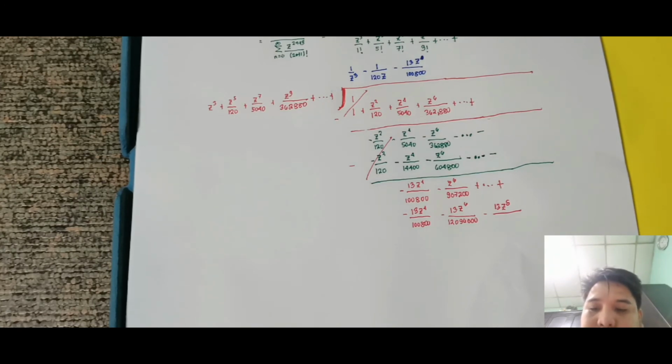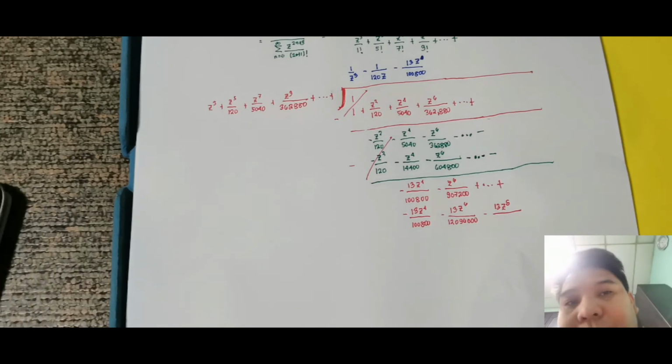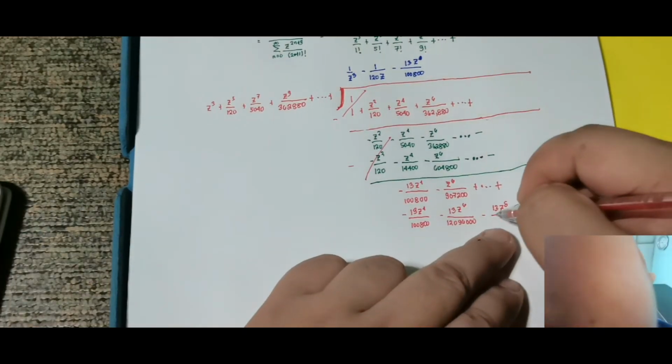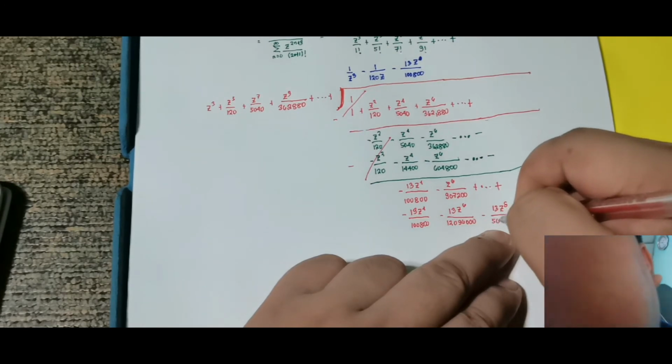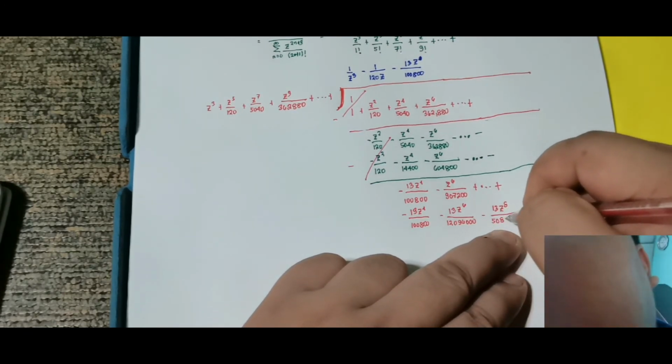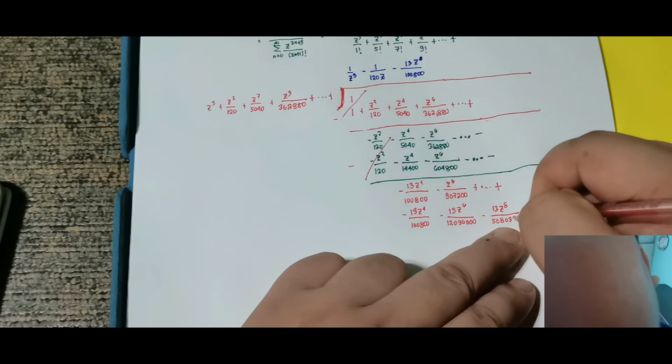That is, I think, 508,032,000. So, napakahaba.